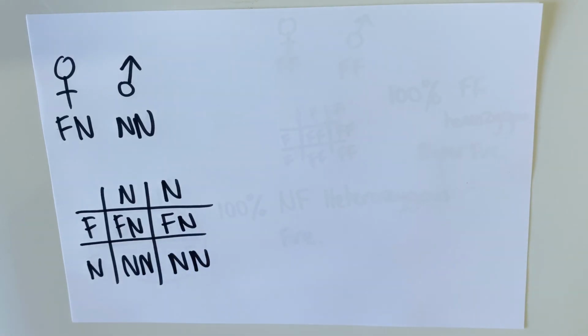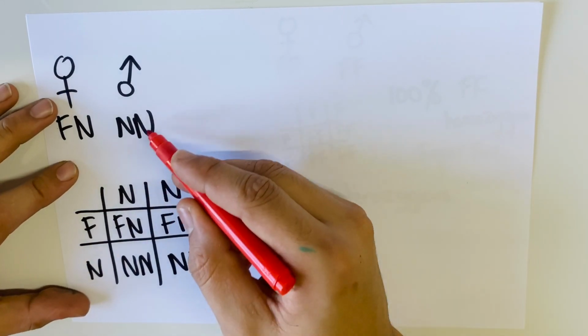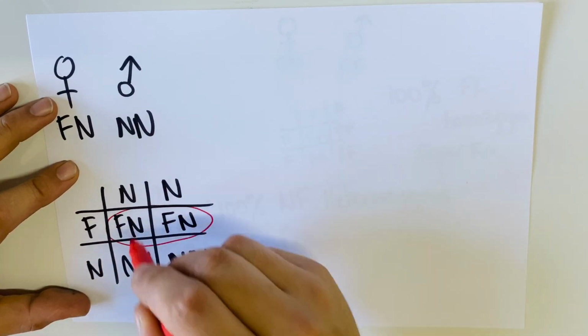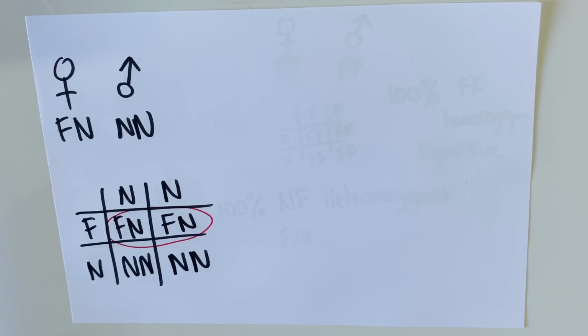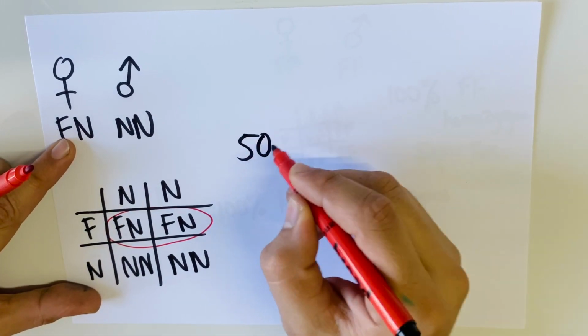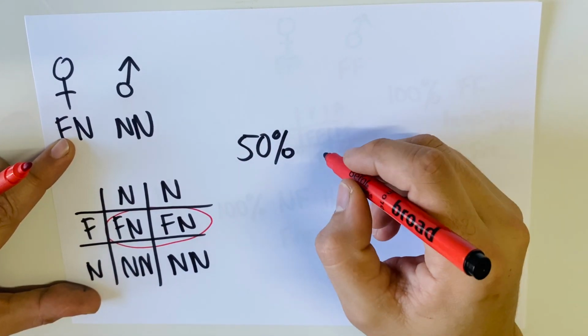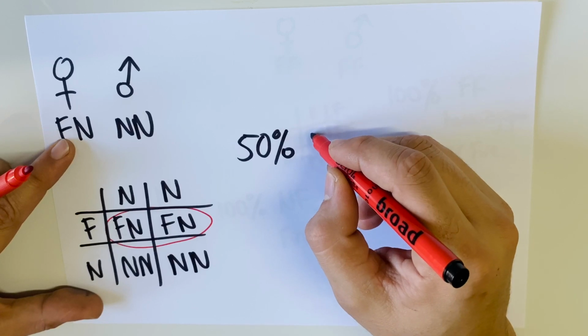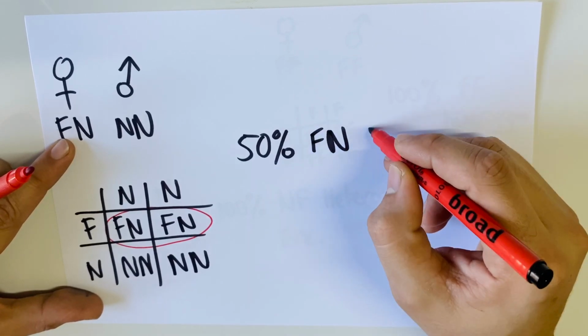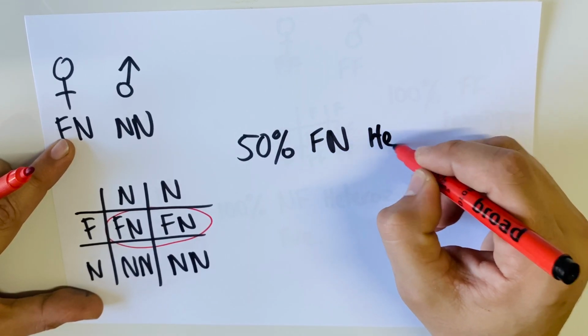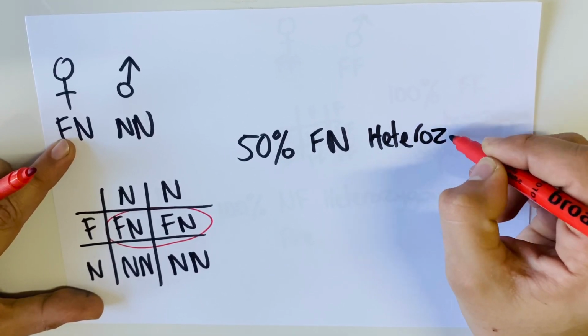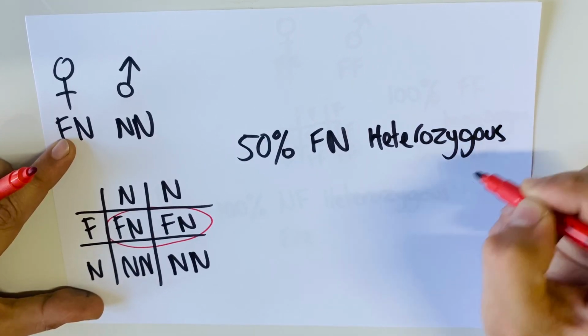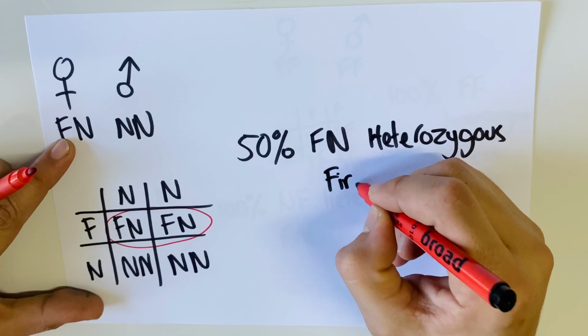And you can see, if you breed an animal which has a codominant or incomplete dominant mutation to a normal, on average, 50%, right? 50% of all the hatchlings will be FN, or heterozygous, which means they are fireball pythons.